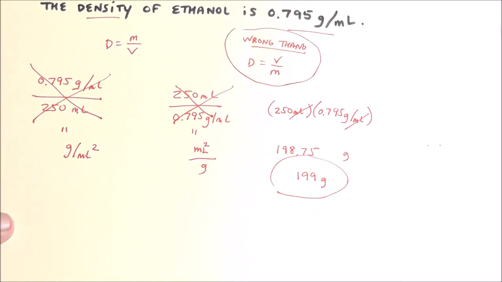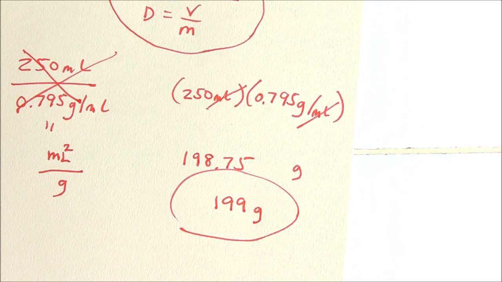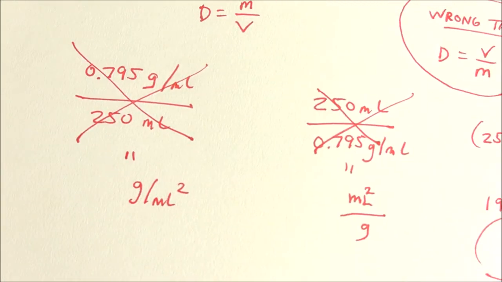And now, here, is our formula bad? No, it's okay. But what I'm really saying is that the units, if you pay attention to them, will keep you from doing it wrong.